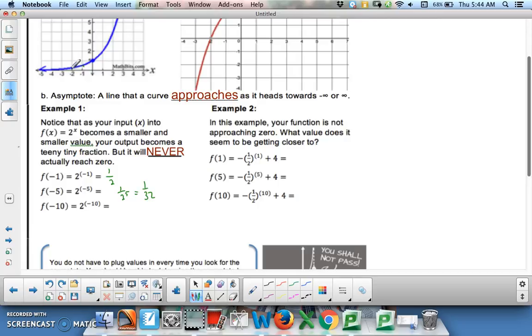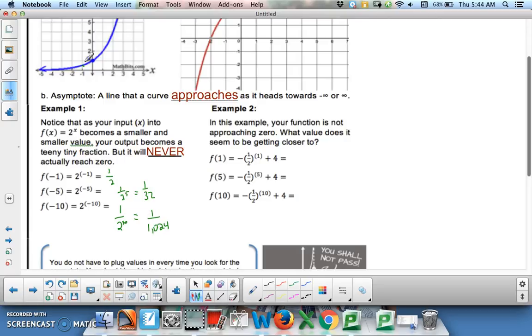That's going to be a teeny tiny little fraction, and you can't even tell that it's not touching that 0, but we just know 1/32, though it is tiny, it is not 0. If I go up to 2 to the -10, that's going to be 1 over 2 to the 10th, and 1 over 2 to the 10th equals 1 over 1024. 2 to the 10th power is 1024. Okay, that's a really small fraction.